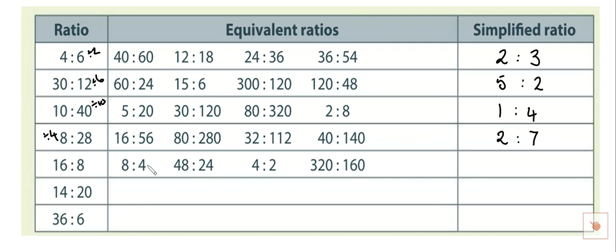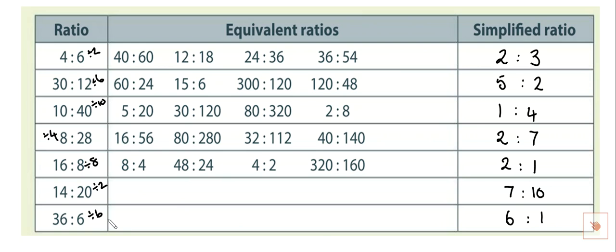Next one, 16 to 8 simplifies to 2 to 1, because we are dividing by 8. 14 to 20 goes to 7 to 10, dividing it by 2. Okay. 36 to 6. 6 to 1, yeah. Dividing both by 6.